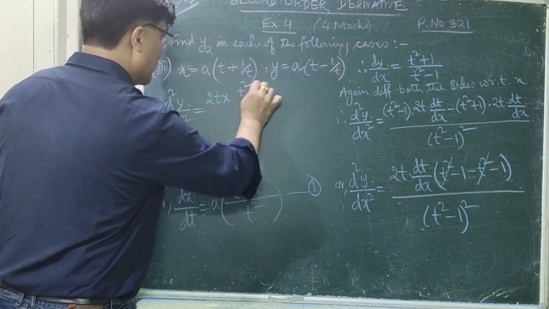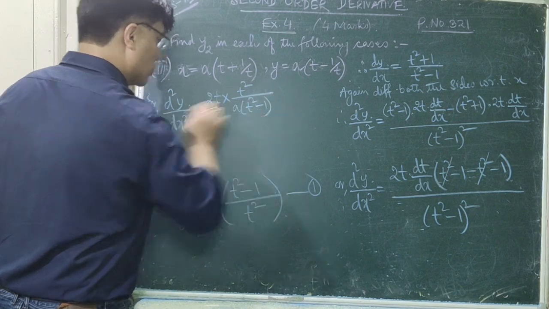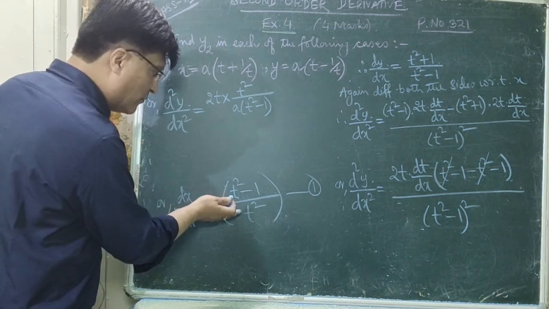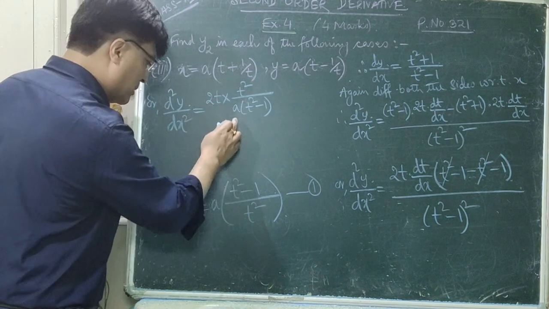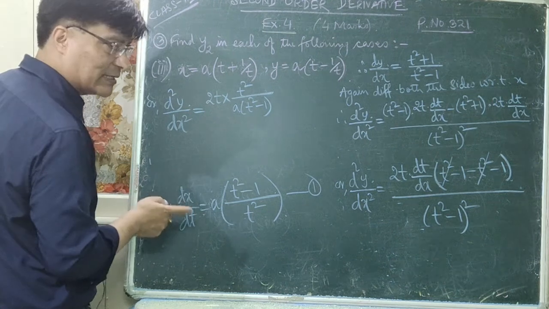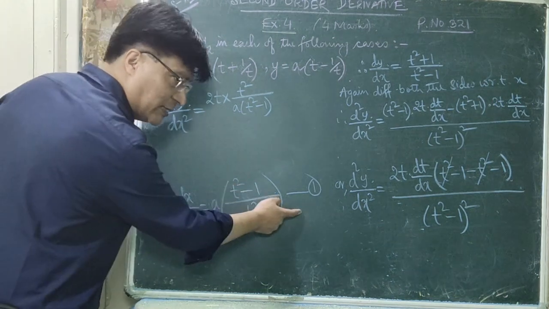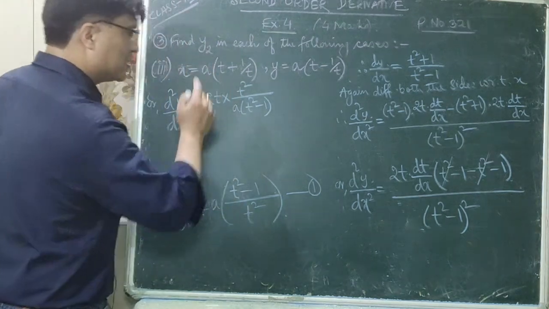It is t square divided by a into t square minus 1. Is that clear? You have to invert the right hand side of number 1. You will get t square divided by a into t square minus 1. That is the value for dt by dx. Actually this is dx by dt, so you have to invert both the sides to get dt by dx, right?